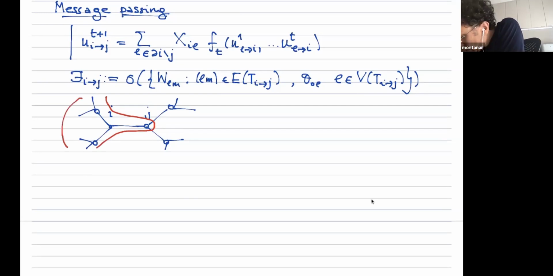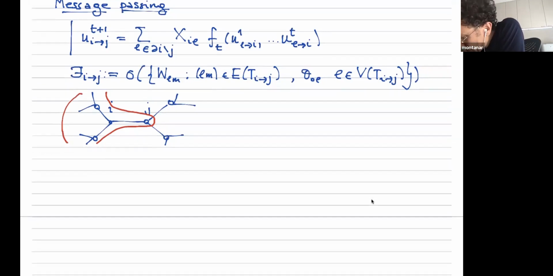The tree that includes all the vertices that can be reached from j through a path that first visits i and doesn't come back to i ever more. So here is the subtree on the left.